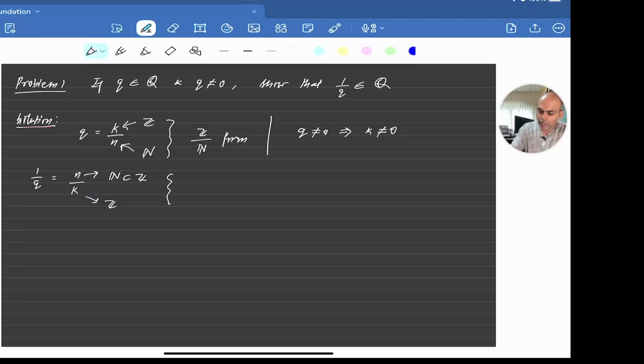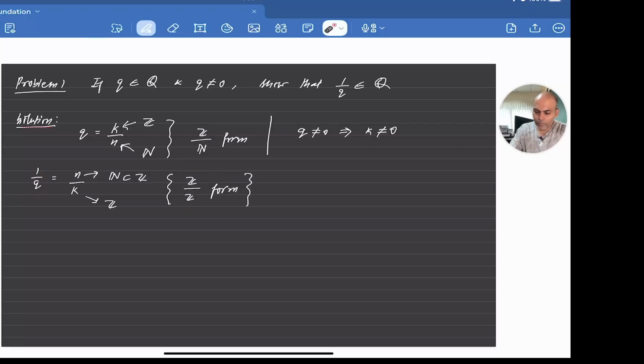So here it looks like we have a z over z form.